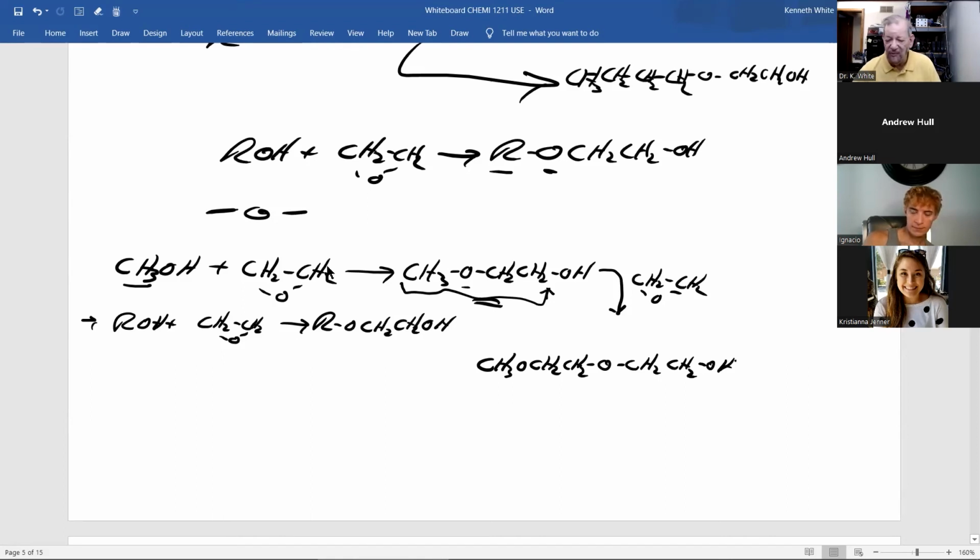Now, if we look at this molecule, what do we have right here? An alcohol again. And guess what? I can react that with more ethylene oxide. And my new R group for this reaction is that. So I'll rewrite that.